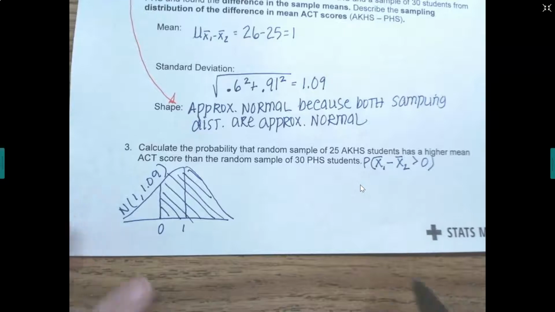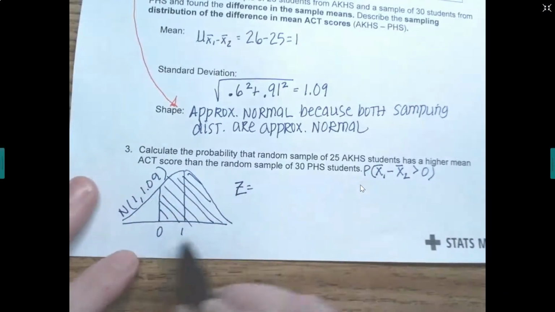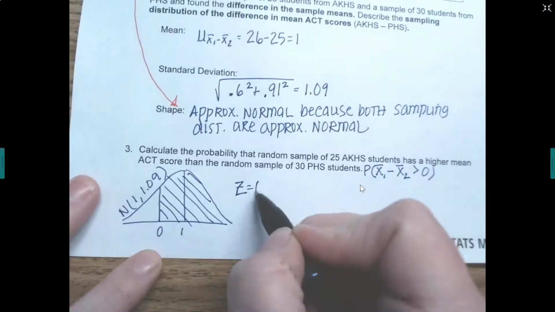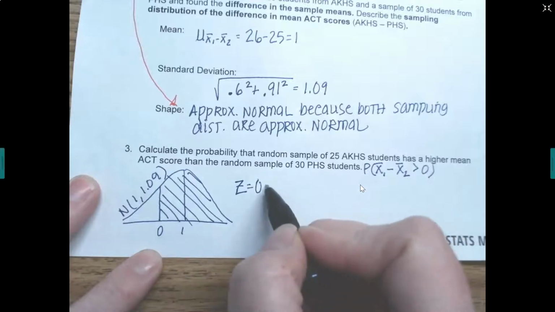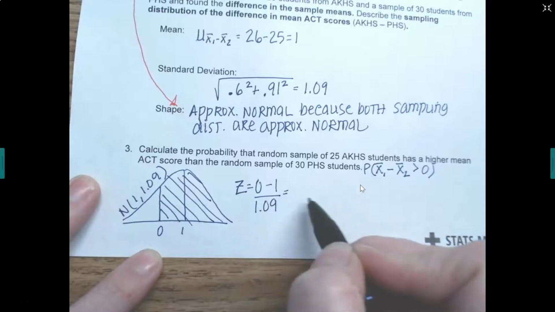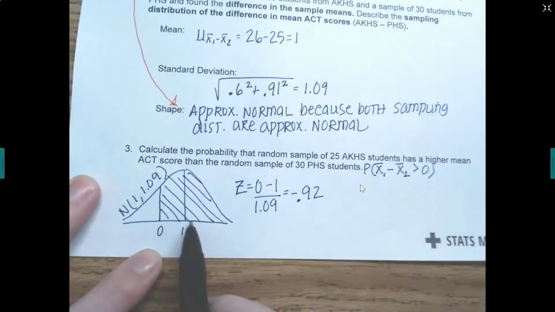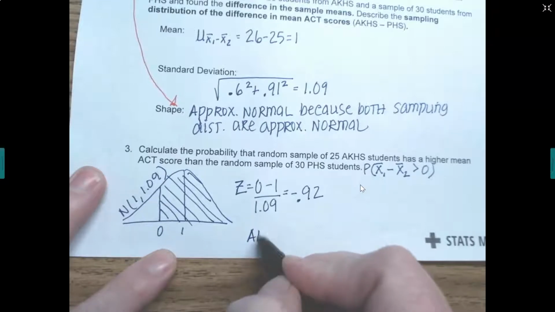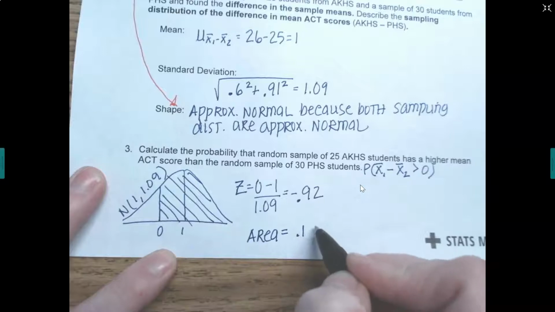So let's do our z-score. Our score of interest is greater than 0, but that's our delineation mark. So 0 minus 1 divided by your standard deviation gave me a z-score of negative 0.92, and that makes sense. It's almost 1 standard deviation below the mean, and we drew it to the left. So when I look that area up on table A, I got 0.1788.